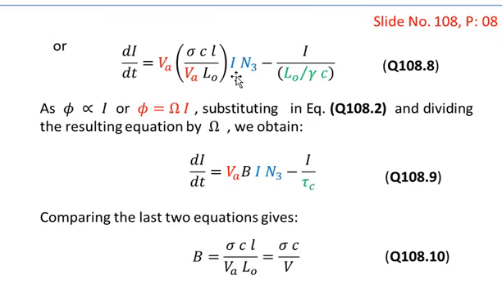It is only a rearrangement of the terms. The second term on the right hand side is minus I over L naught divided by gamma C.